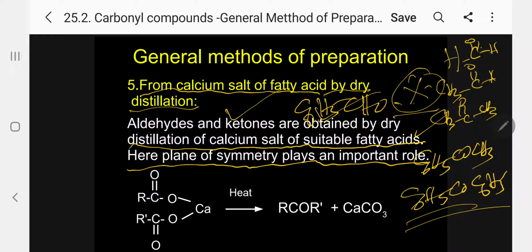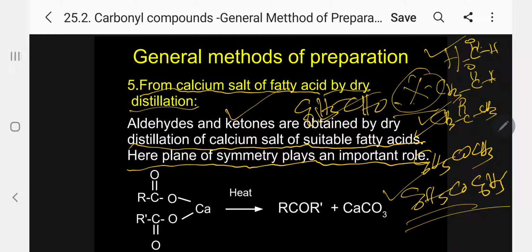So here I am informing you, plane of symmetry plays an important role. If any molecule you want to prepare, aldehyde or ketone, has a plane of symmetry, use only one acid, one calcium salt. For example, formaldehyde has a plane of symmetry, acetone has a plane of symmetry, benzophenone has a plane of symmetry. Only in this case can you use only one salt of the corresponding acid.